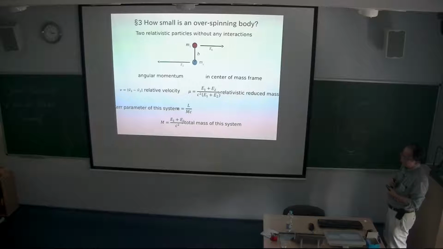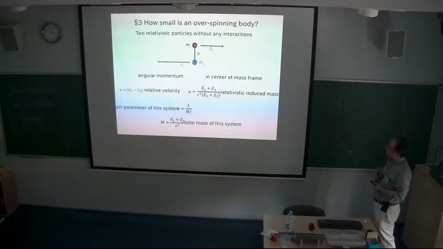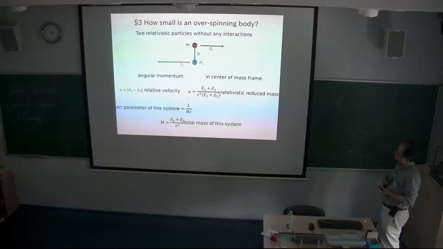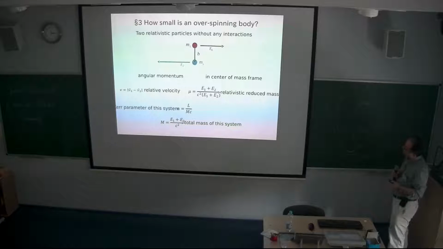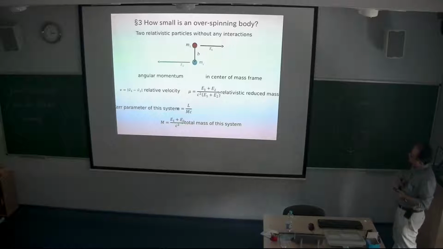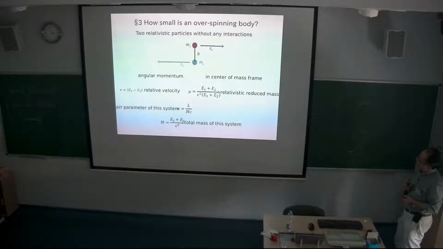We consider gravity. M1 is the mass. How small is an overspinning body? The mass of the other one. This is a very non-trivial subject. The energy is very simple, but very non-trivial.